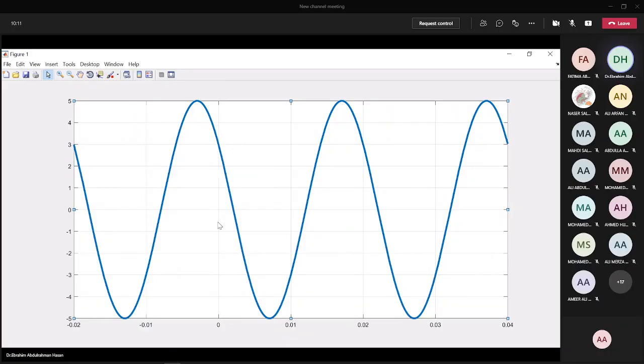Notice this is 0, so approximately here, as an angle, it is equal to 40 something, 50 something. Because this is 180, so in the middle it's 90. So this is around 50 something, 53 as an angle. But it is a pure sinusoid with amplitude equal to 5.